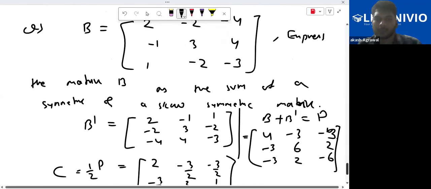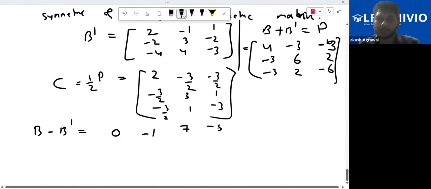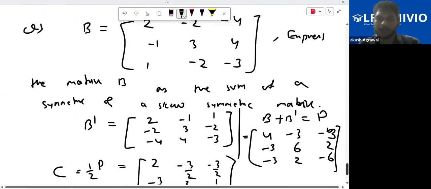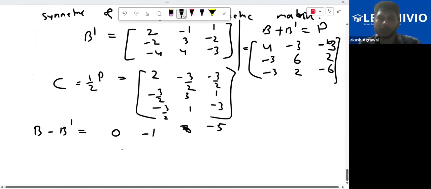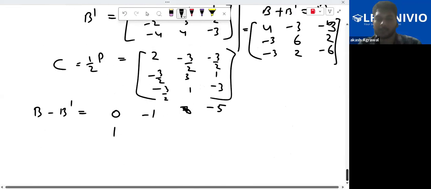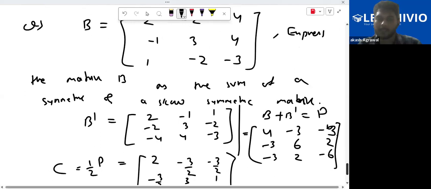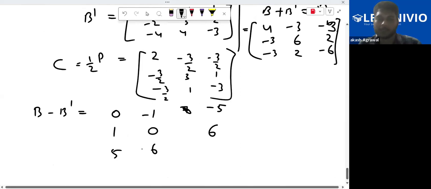This is B transpose. 4 minus 1 and minus 5 is minus 5. And then we have minus 1 plus 2, so 1. 3 plus 3 is 6. So minus 3 minus 3 is 0. 4 plus 2 is 6. 0 and 6. And here 1 plus 4, 5, minus 6 and 0.